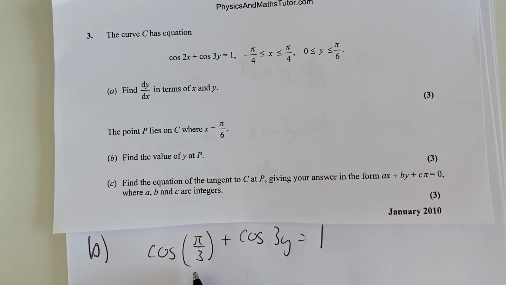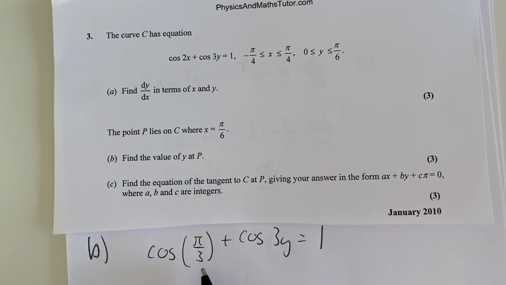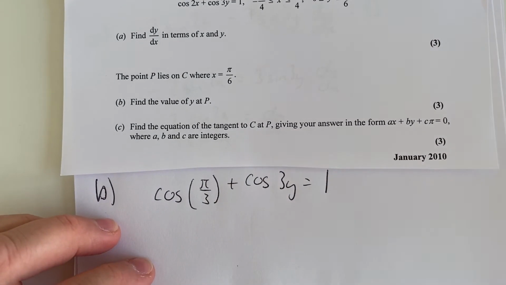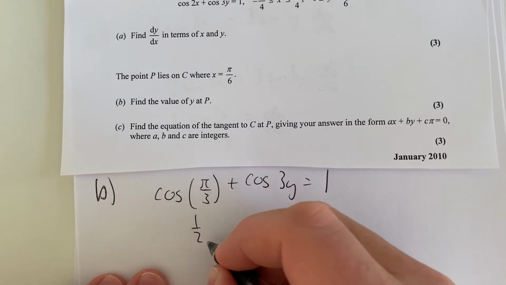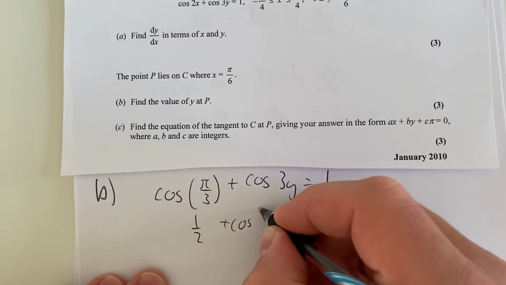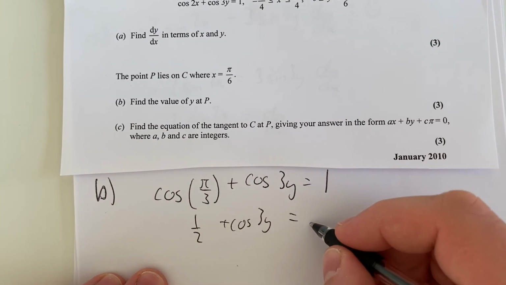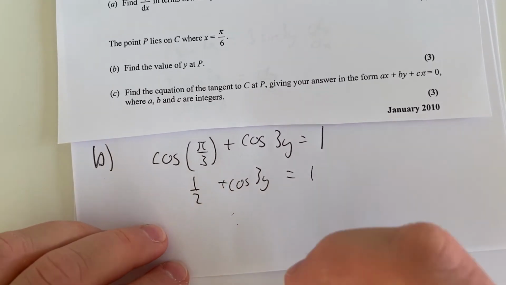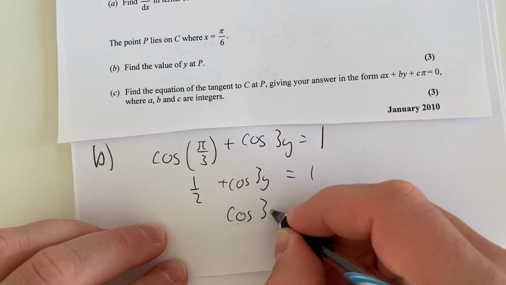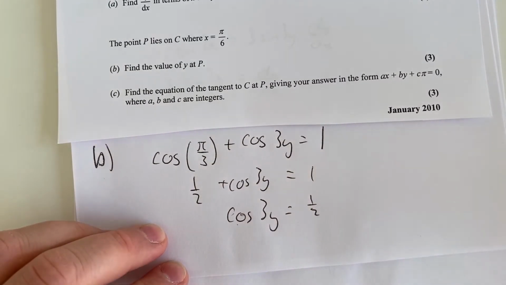Cos of pi over 3 is the same as cos 60 if you turned it to degrees, so that would be equal to a half. So a half plus cos 3y equals 1. Cos 3y is a half.